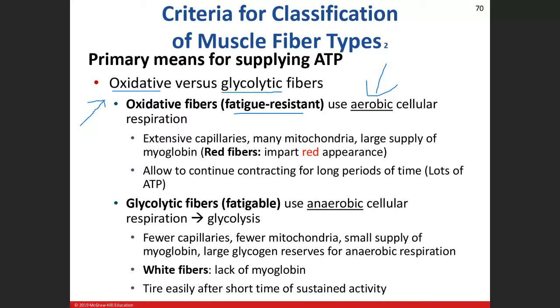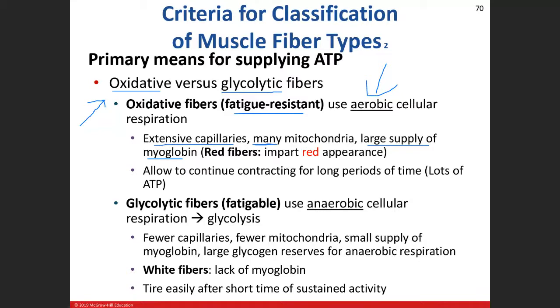Think about it. If you're going to engage in aerobic cellular respiration, you need a lot of mitochondria, right? Because that's the cell organelle that engages in aerobic cellular respiration. Okay? Not only that, if you have a large supply of myoglobin, that means we need an extensive blood supply to bring that oxygenated blood to the muscle tissue.